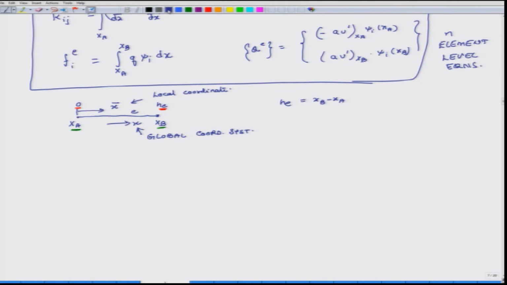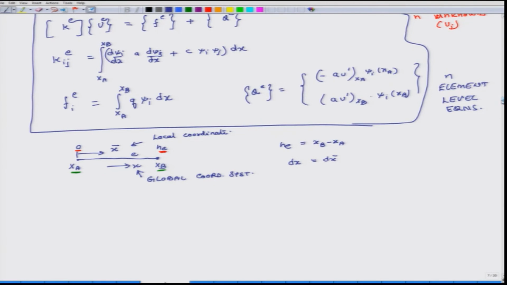Now, given this, we see that dx is the same as dx bar. So, with this transformation we will calculate the values for elements of the K matrix, F matrix and so on.